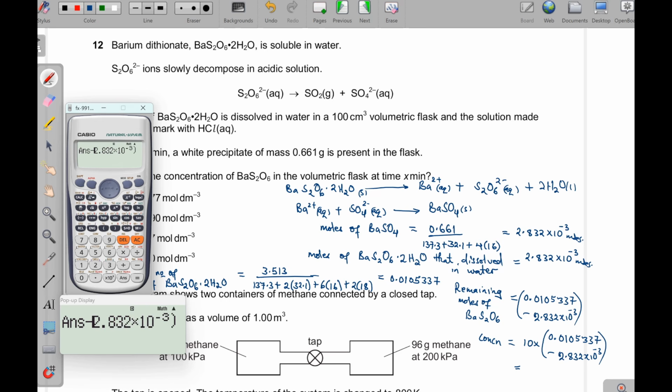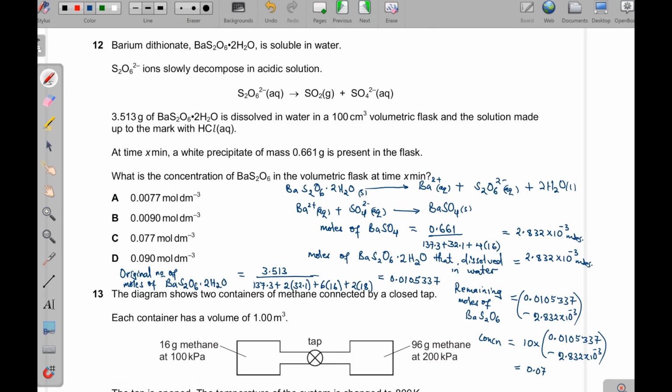What I get, then I multiply by what? By 10. So this one will give us 0.077 moles per liter. And our answer from here is going to be a C.